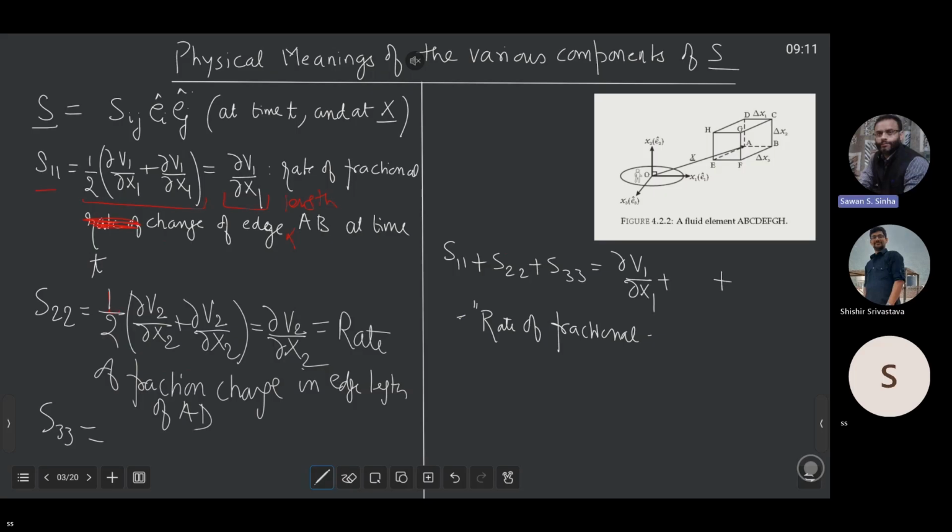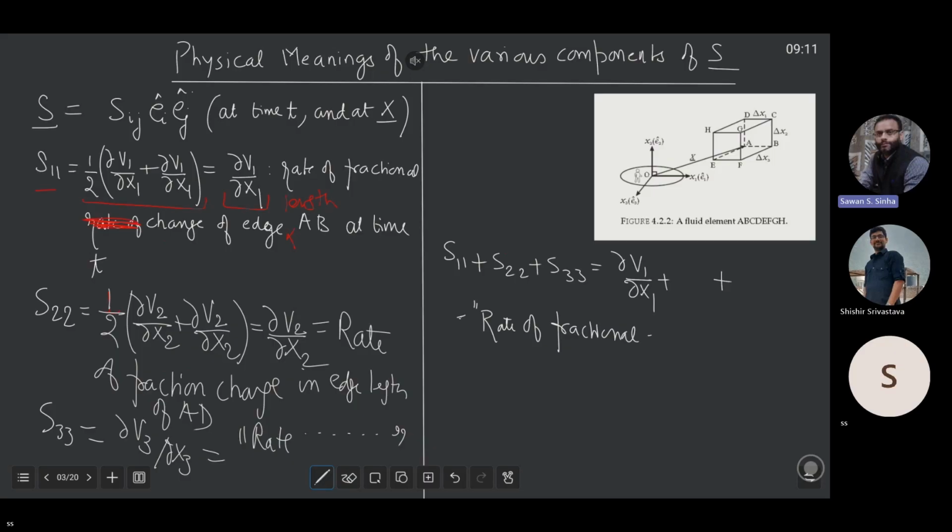Similarly, S33 will turn out to be simply del V3 del X3, and if I ask you to write the physical meaning of it, you should be able to write. Rate of fractional change in length AE. Okay. So the three components have clear physical meaning of the strain rate tensor.